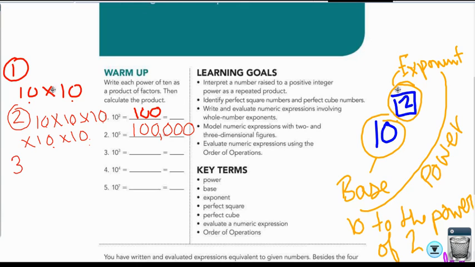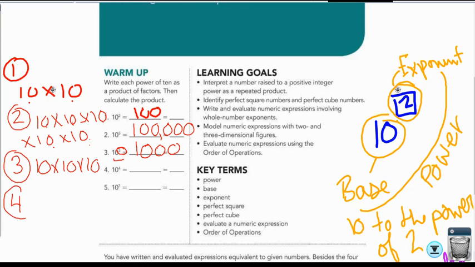If I look at number 3, it says 10 as my base, and 3 is my exponent. That's going to be 10 times 10 times 10, 3 times, which is 1 with 3 zeros, which is 1,000.